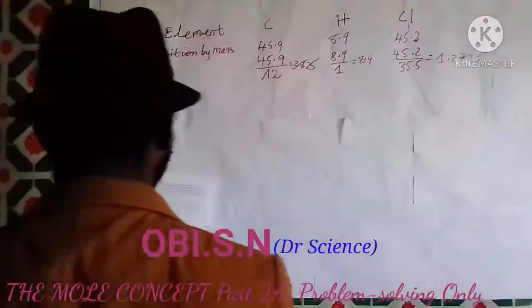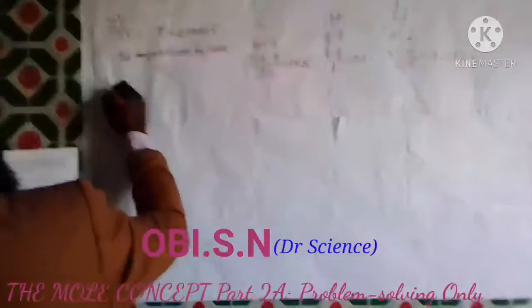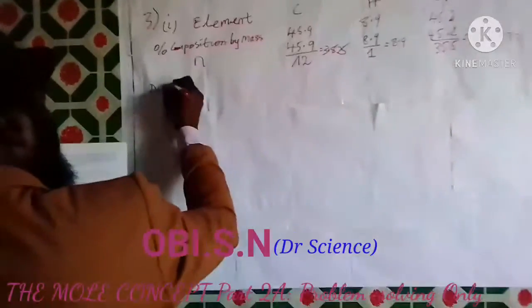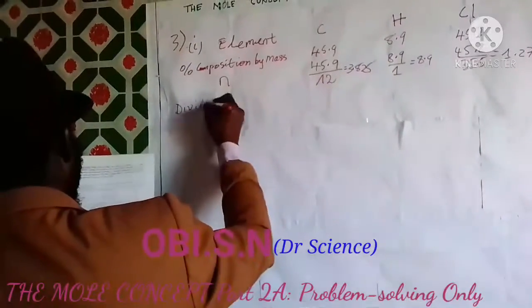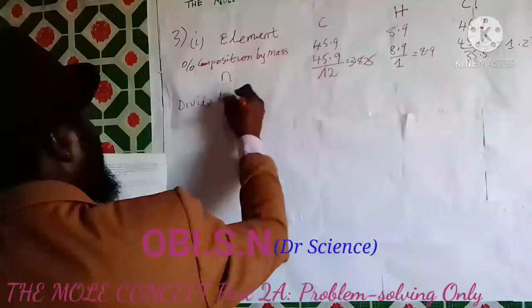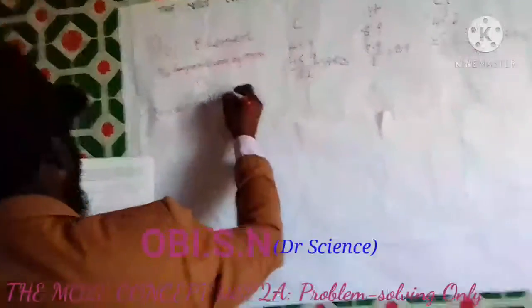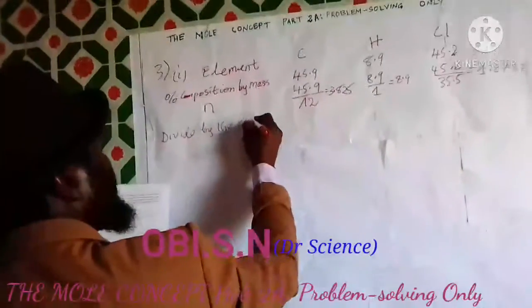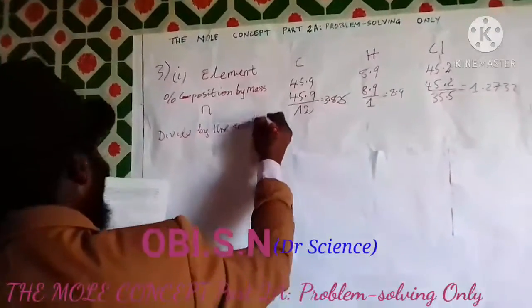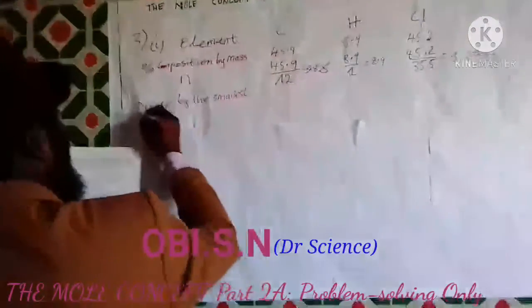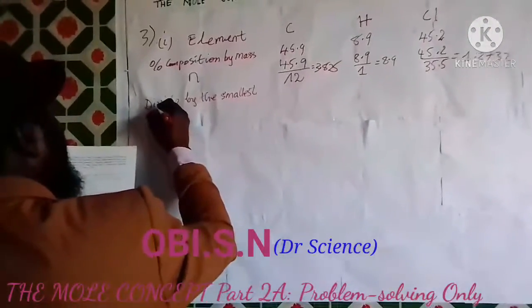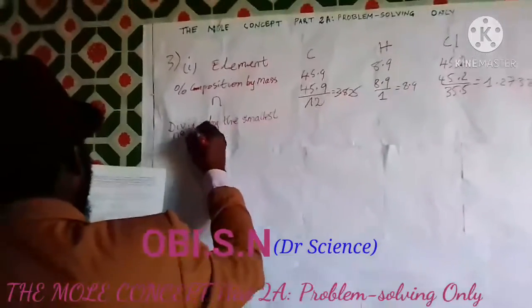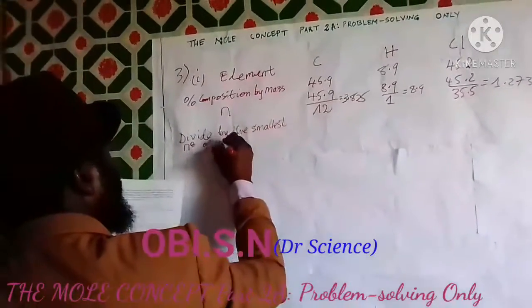The next step is we divide by the smallest number of moles.